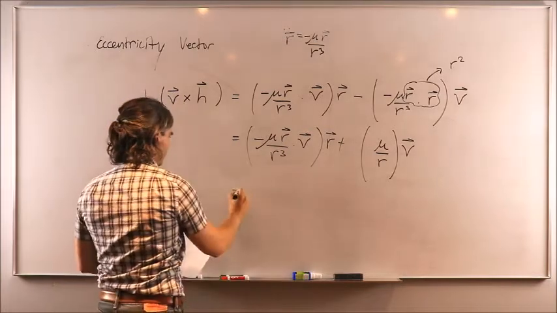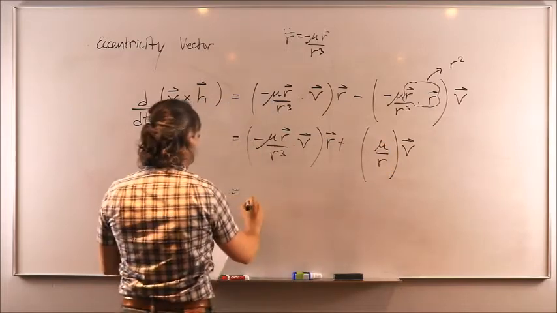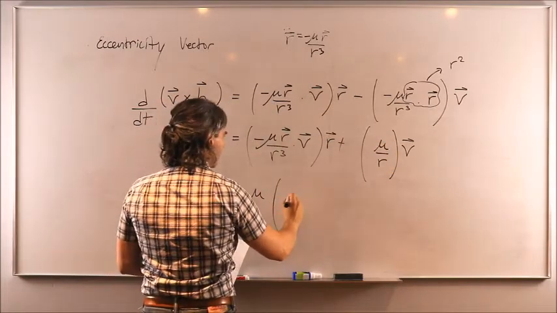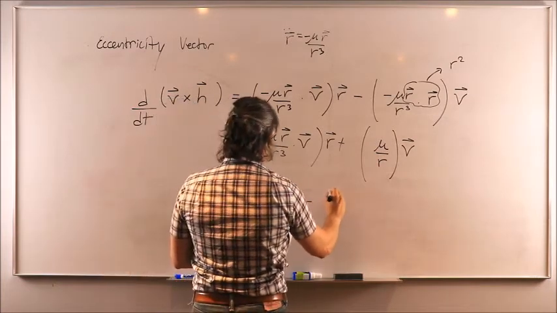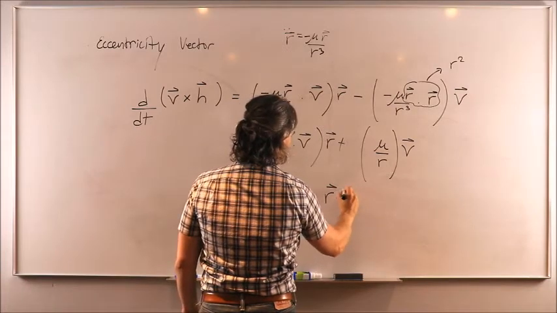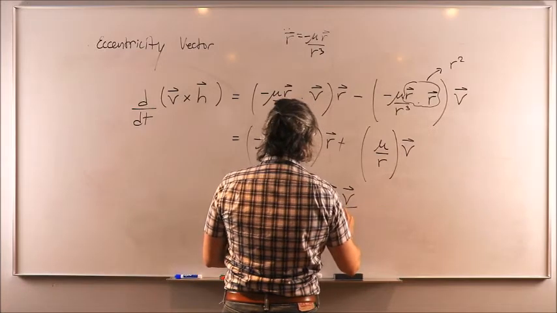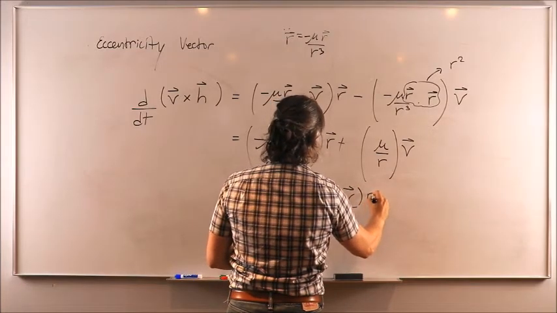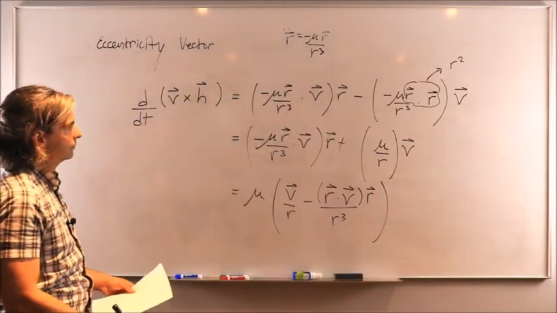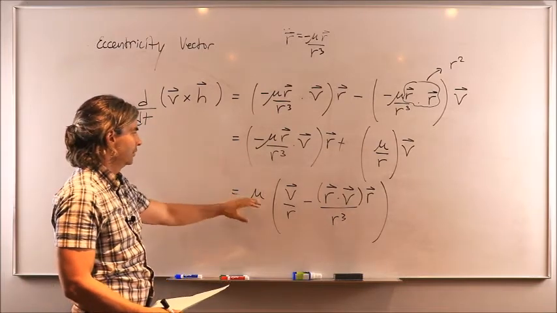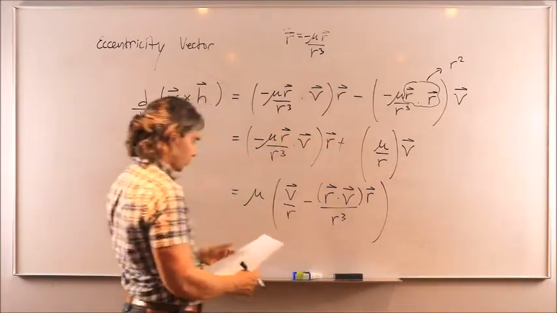And just for completeness for the time being, because I have mu here and mu there, I'm going to take it out. I have mu, velocity over distance, minus position dot product velocity over r cubed. And this multiplies my position vector, and I can close the big parentheses just like that. Okay, all I did from here to here is to pull out the mu from those two terms.